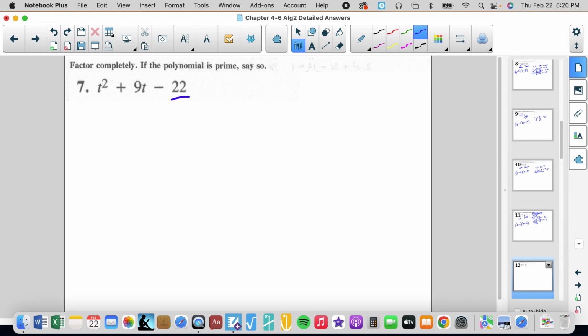Factors of 22 when subtracted, meaning my signs are different, and my bigger is going to be positive. 1 and 22, 2 and 11, and then we're back to 11. Signs are different. Bigger is positive. So one is positive, one is negative.